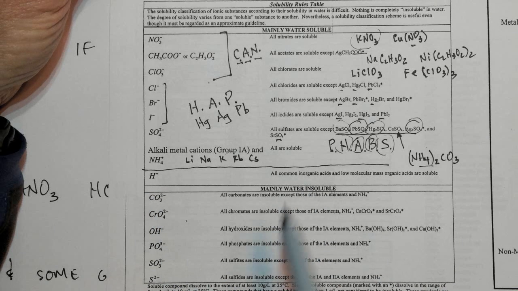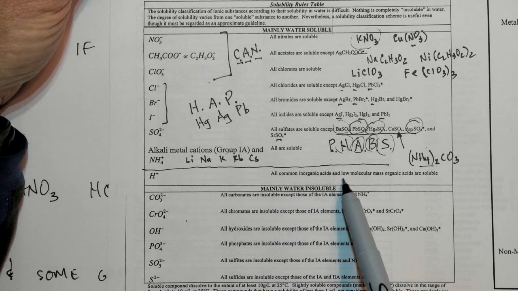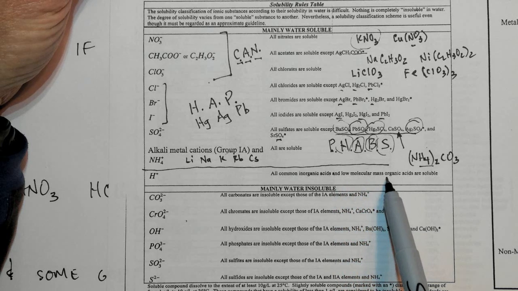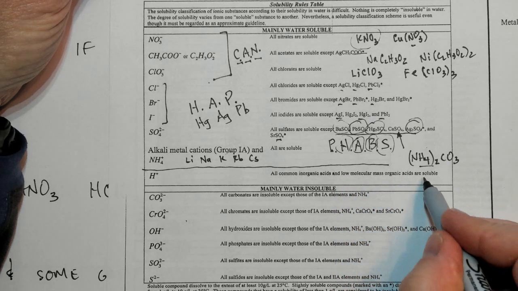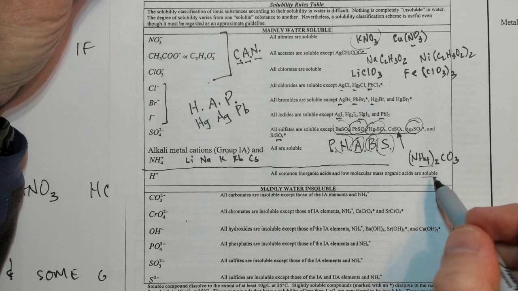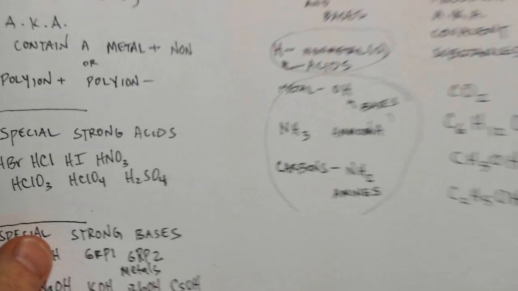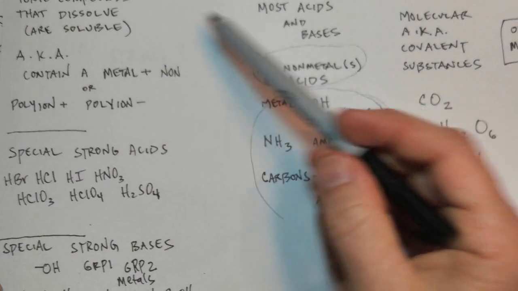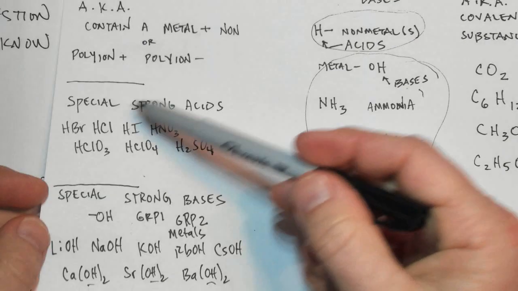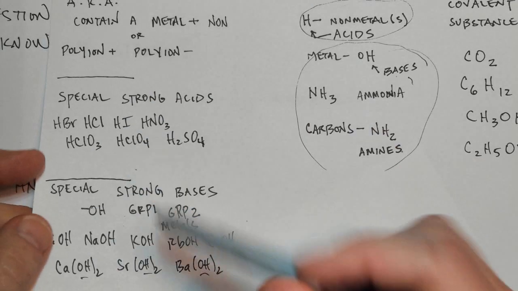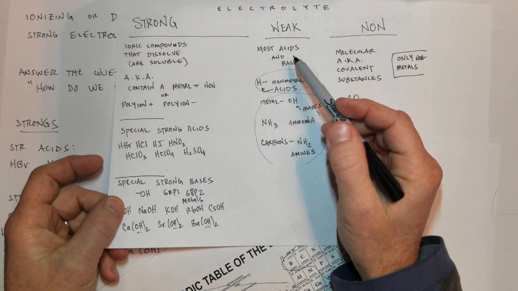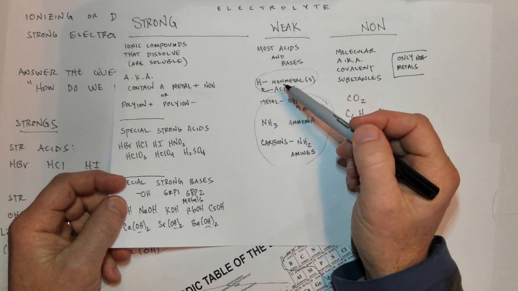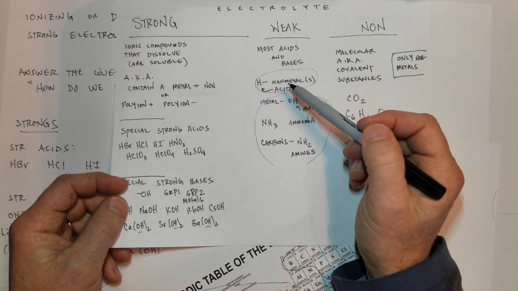It says H+, all common inorganic acids and low molecular mass organic acids are soluble. This is true. They're soluble. And if you look back at your chart, you can see that acids and bases are listed right here, and you'd say like, oh yeah, those dissolve, and they completely dissociate. They're the strong acids. But then you'd go over here and you'd say, wait a minute, aren't most acids over here?